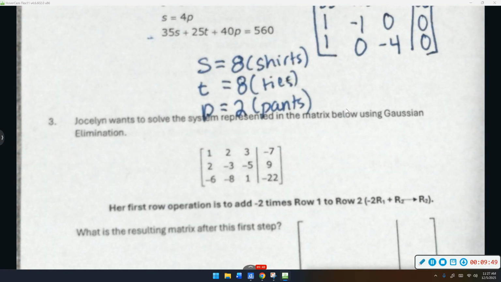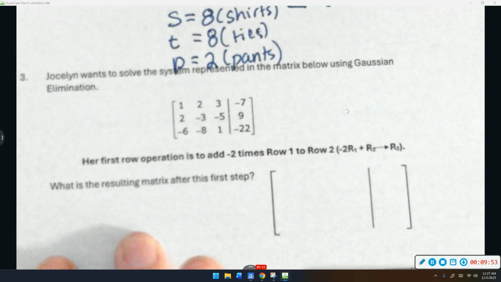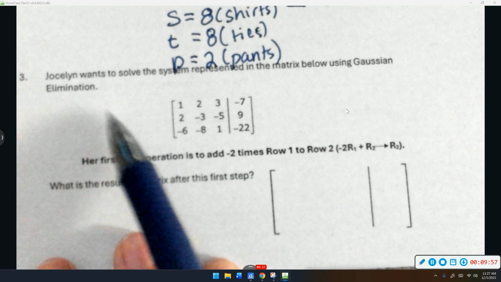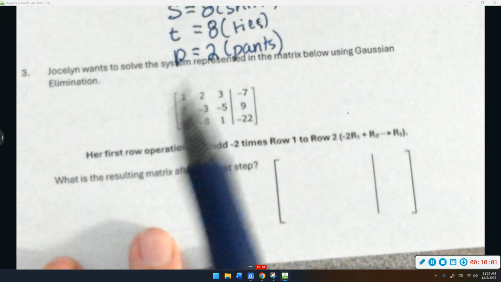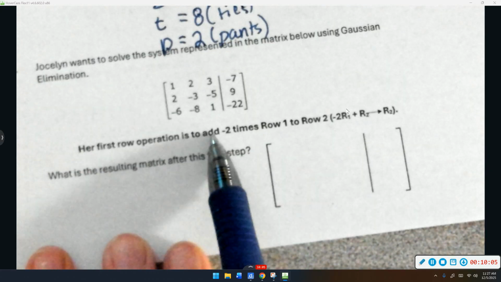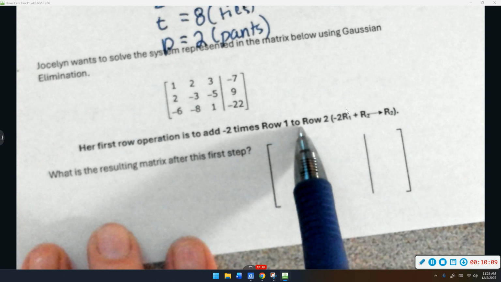So, keeping with the whole matrix thing, number 3, Jocelyn wants to solve the system represented in the matrix below using Gaussian elimination. This is basically elimination meets matrix, okay? Her first row operation is to add -2 times row 1 to row 2.